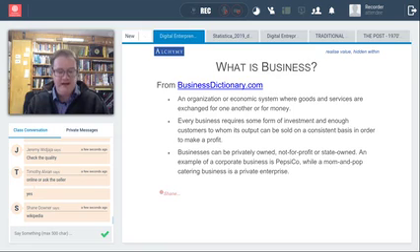identifying a need. Two, providing or enabling a solution. Three, charging or selling that solution.